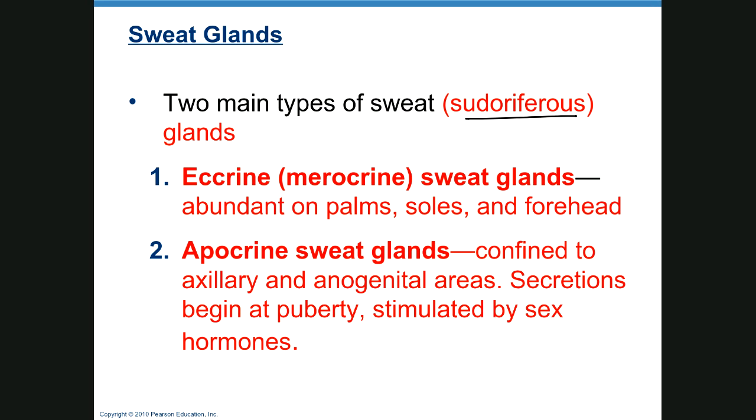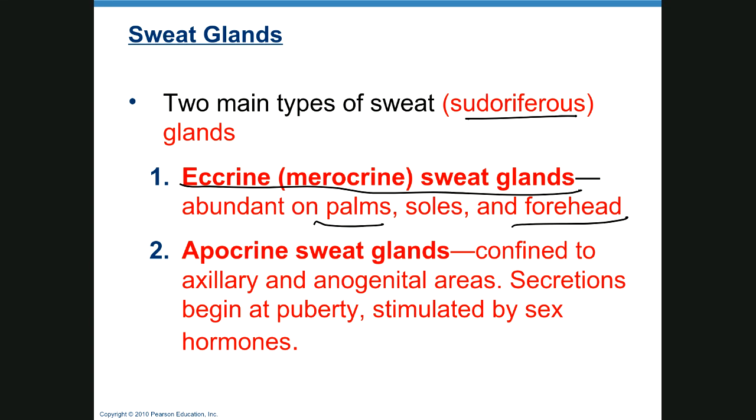Eccrine or merocrine sweat glands are the most common ones, located all over the body. They secrete a watery type of sweat, and they're especially abundant in the palms of the hands, the soles of the feet, and the forehead. When we think of sweat, this is what we think of, these eccrine glands producing this watery material.